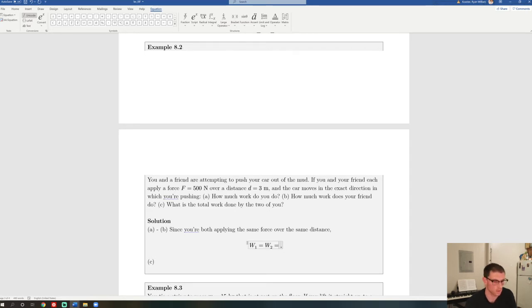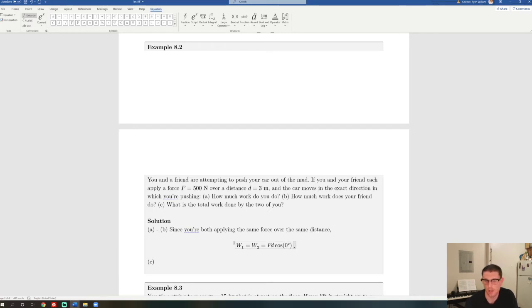And let's fill this in now. We can write it's FD and then cosine of 0 degrees, as I mentioned. And cosine of 0 degrees is just 1, right?